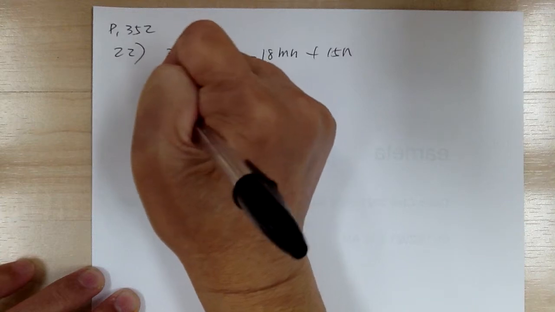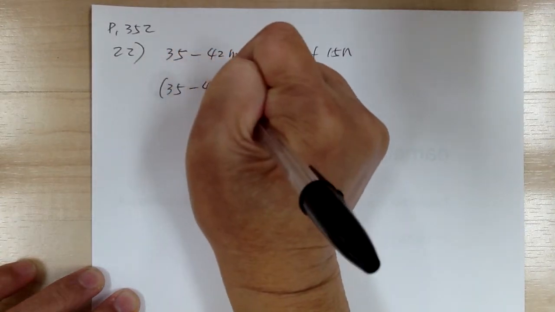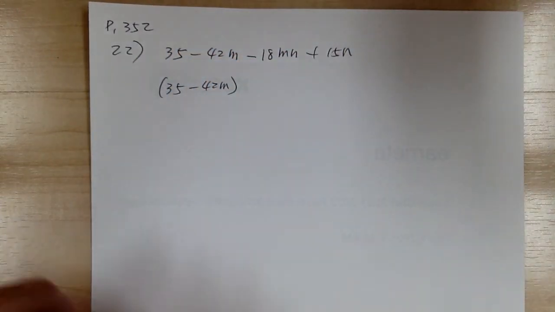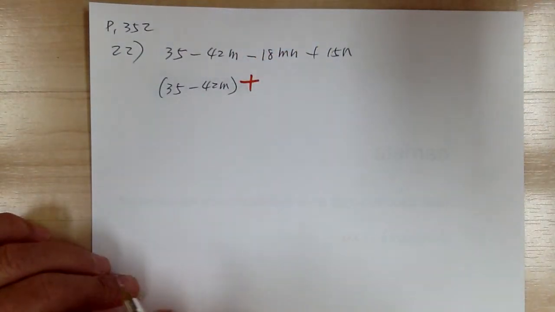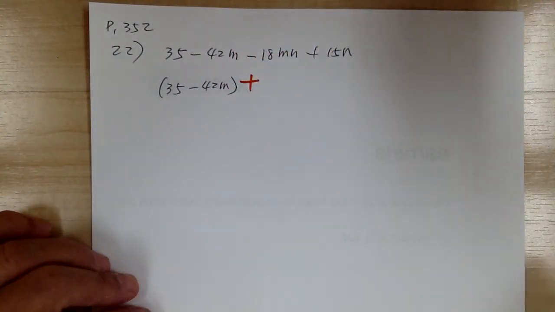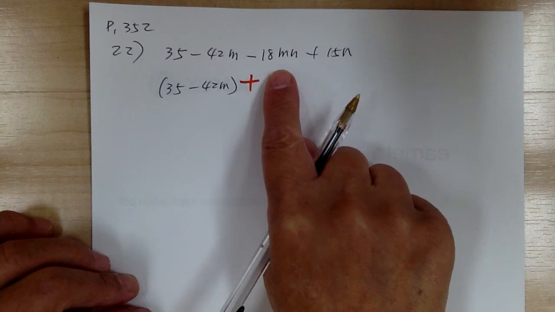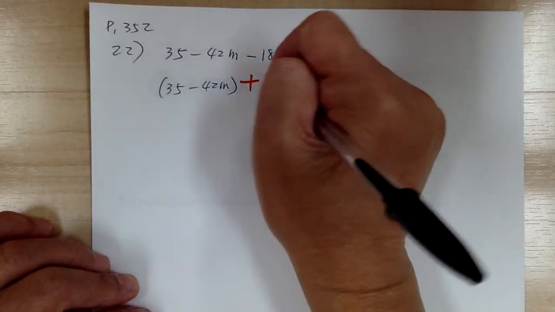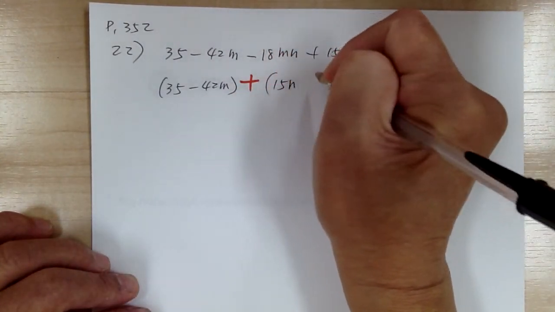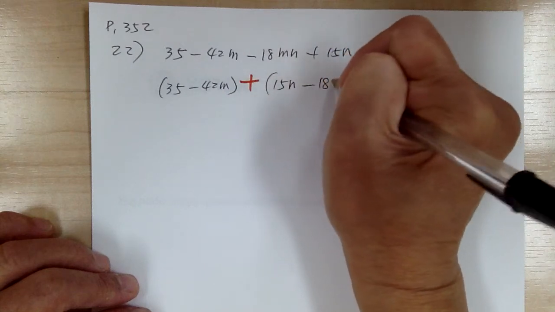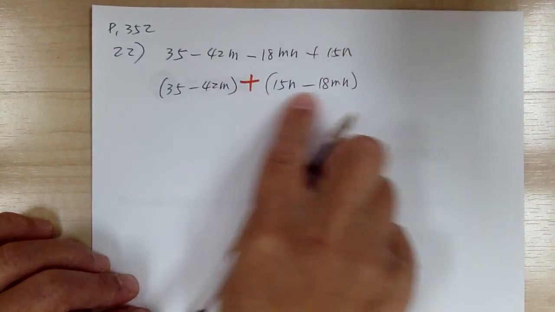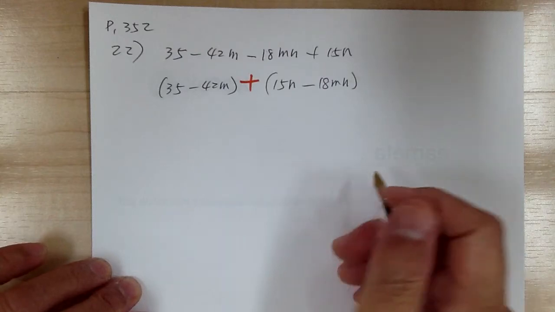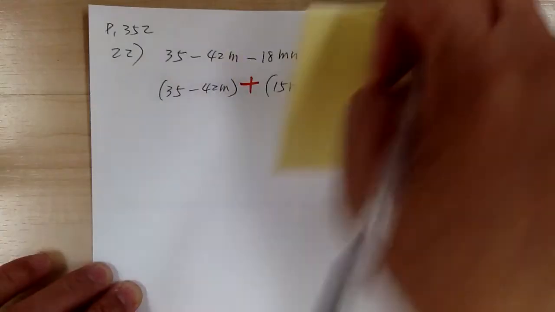But again, I'm going to group these, 42m, and put a plus between the group. But now, since the m is in the back, I'm going to do it this way, because m is in the back, I'm going to put m in the back.